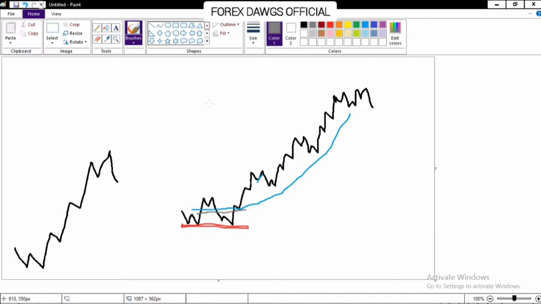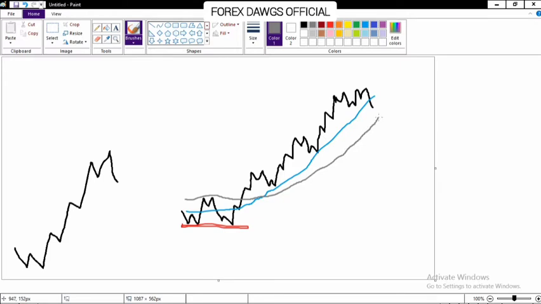Sorry, let me rub and do something that's a bit easier to remember. The exponential moving average 50 will be moving something like this, right? Then you will see the exponential moving average 200 moving like this.